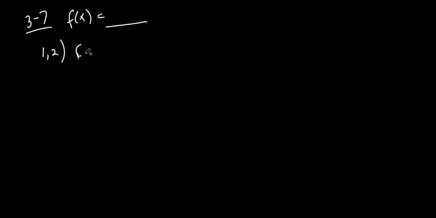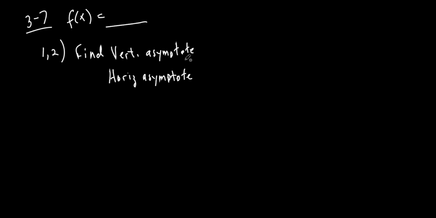Find the vertical asymptote, and then number 2 would be find the horizontal asymptote. Okay? 3 and 4 is the same kind of thing. It's just a little bit more complicated. I'm going to ask you to find the horizontal and vertical asymptote.